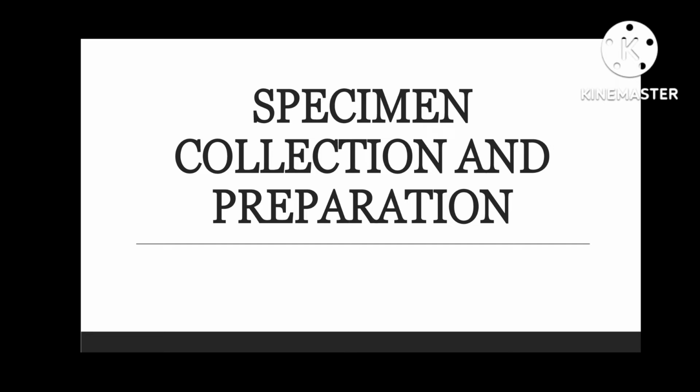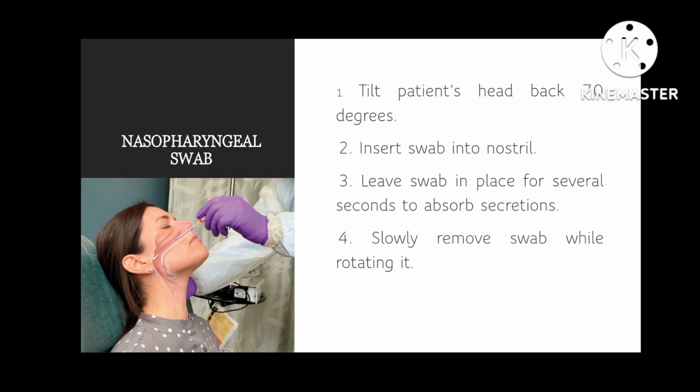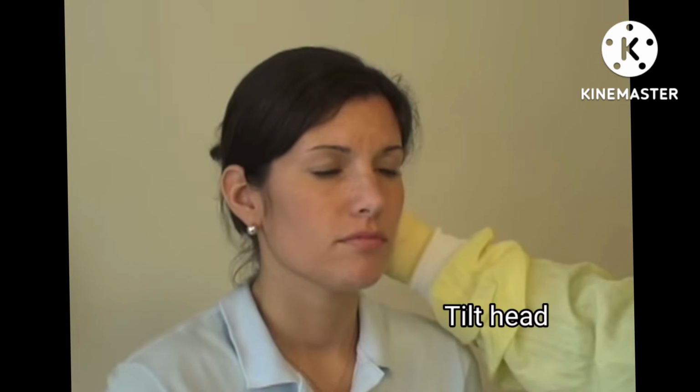For the specimen collection and preparation, we actually can use two specimens, that's nasopharyngeal or oropharyngeal swab specimens. For nasopharyngeal swab specimen collection, you tilt the patient's head back around 70 degrees.